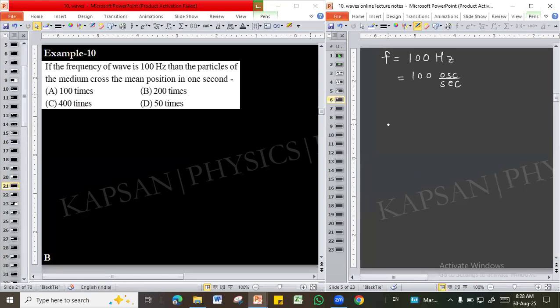You tell me, in one oscillation, how many times particle crosses the mean position? You can start the oscillation anywhere you want, okay?